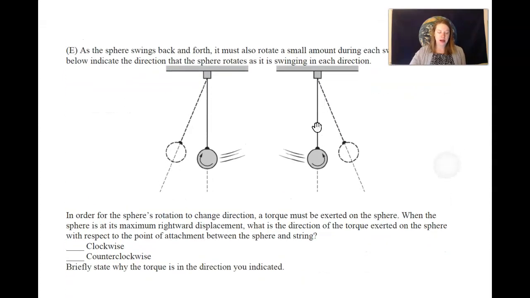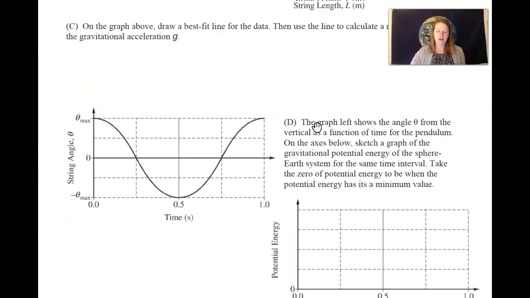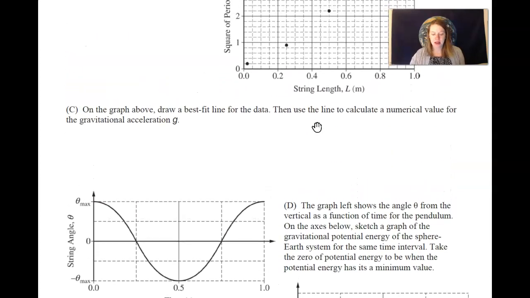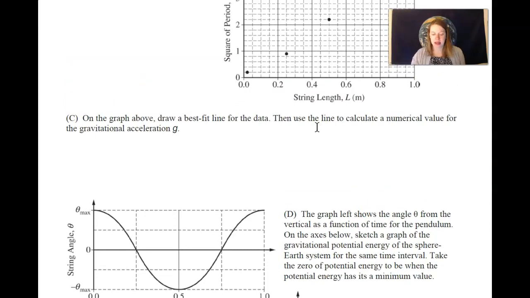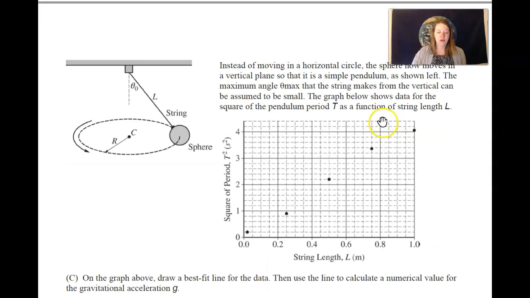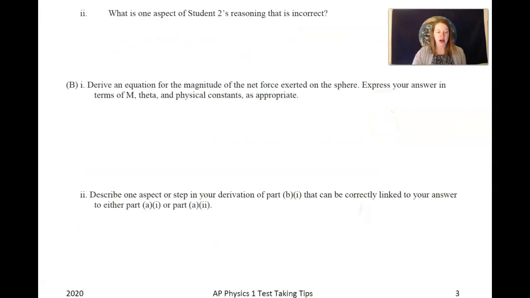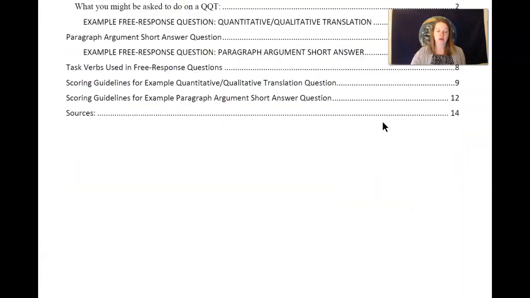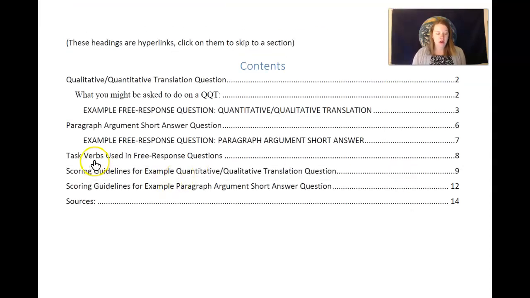I have another great resource here, because if you notice, there are some specific verbs that they use. This one says sketch a graph. This says calculate a numerical value. This one says describe and derive. These specific words, if I go up to the table of contents, are verbs commonly used in free response questions that have specific meanings.